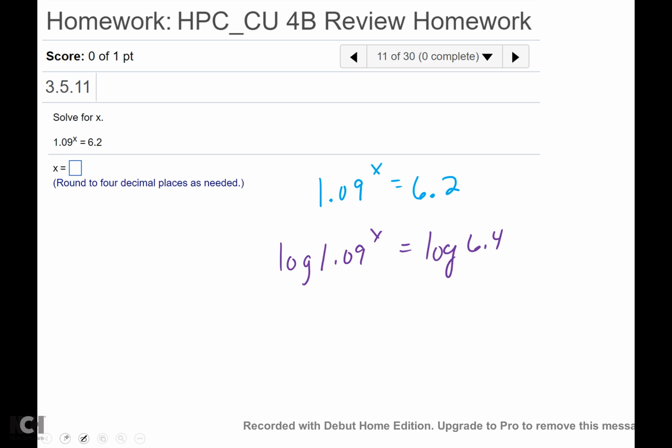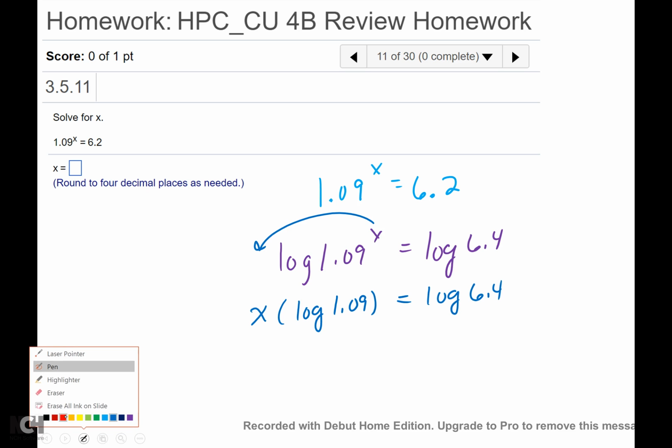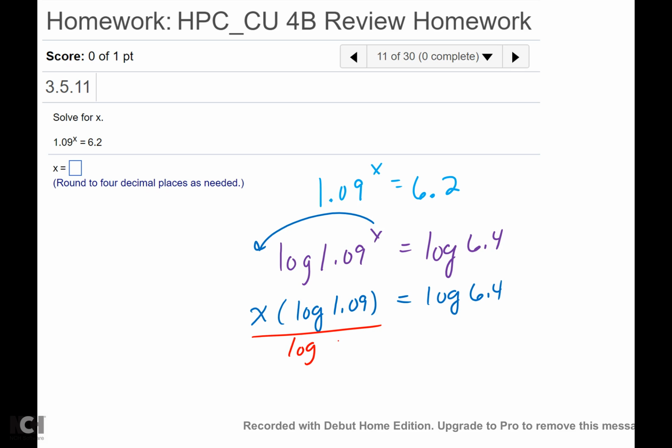Now I can get x out of the air. I can drop it like it's hot. So I have x times log of 1.09 equals log of 6.4. To get x alone, I'm going to divide by log of 1.09.